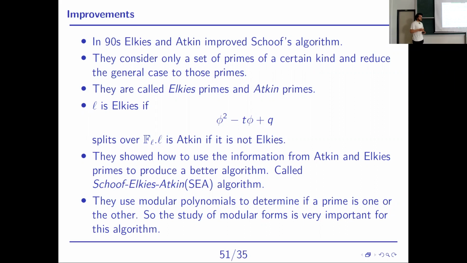Modular polynomials are a subject of study in a field called modular forms. And modular polynomials basically give something called a modular curve, which is closely related to elliptic curves. And if I run out of time, that's pretty much that.